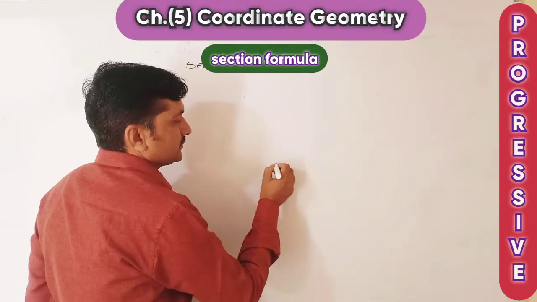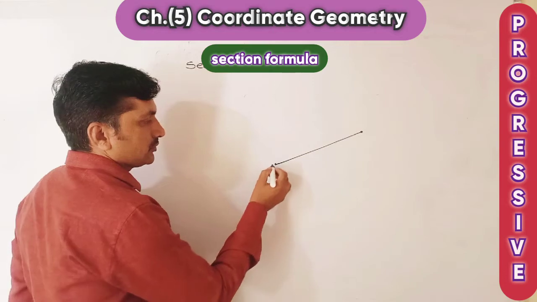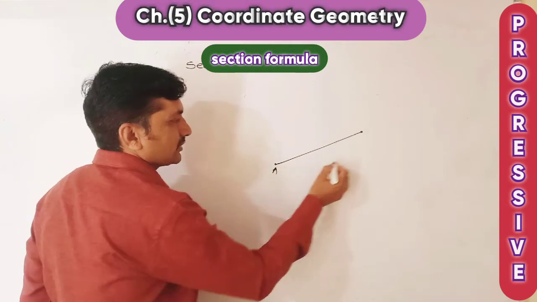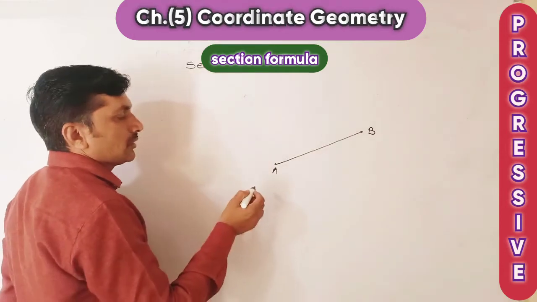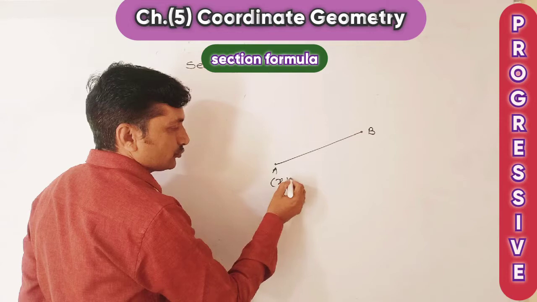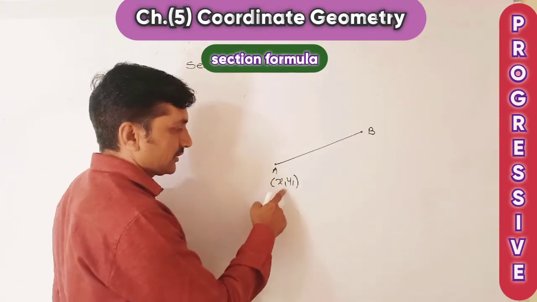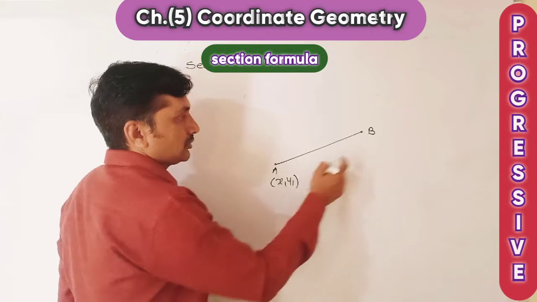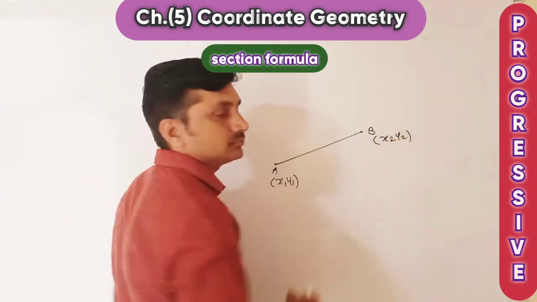Suppose a segment is given. The name of this segment is AB. The coordinates of point A are x1, y1, and the coordinates of point B are x2, y2.